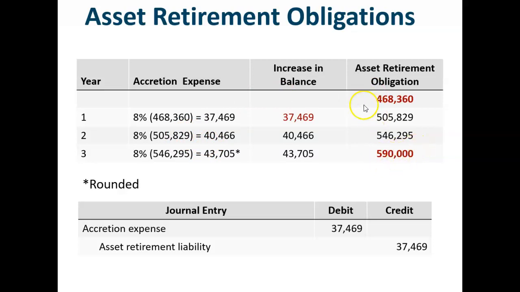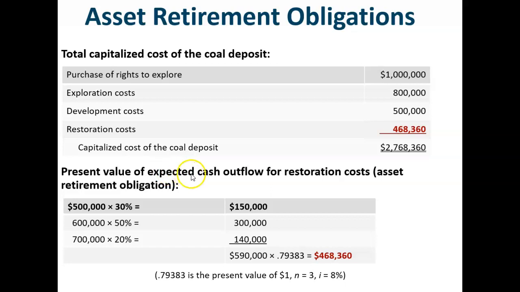You can see here by our schedule that by the end of year 3, the asset retirement liability account grew to $590,000, which was the company's original estimate of cash outflow for restoration costs.